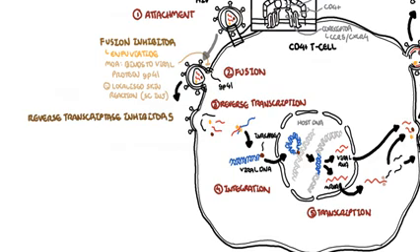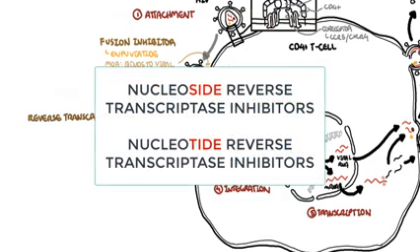Now, the two main types of reverse transcriptase inhibitors are the nucleoside reverse transcriptase inhibitors and the nucleotide reverse transcriptase inhibitors. Both work to essentially stop the enzyme reverse transcriptase and so stop the creation of DNA, the viral DNA.